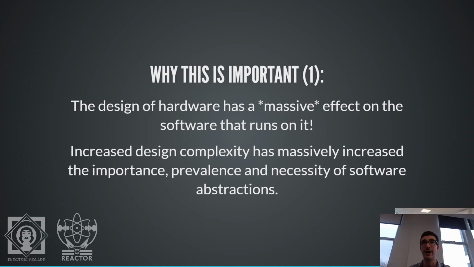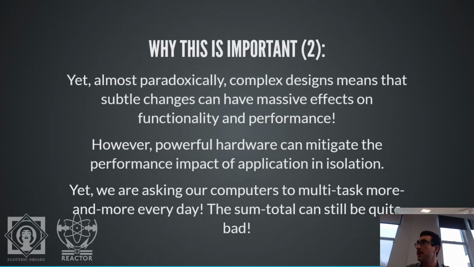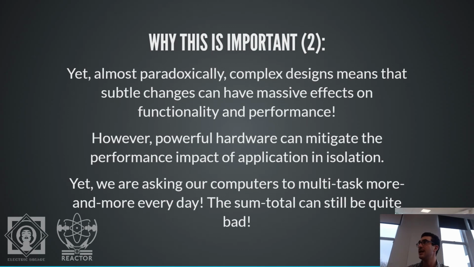So we write software, compilers, to take stuff which is written in a fairly abstract way, and then process it and try to optimize it in a way that runs effectively on the CPU. But paradoxically, these complex CPU designs mean that subtle changes in the way we write programs can have massive effects on functionality and performance in a way many tools can't even reason about, right?